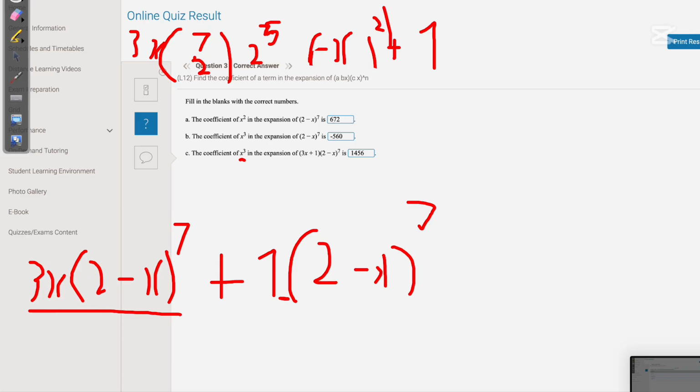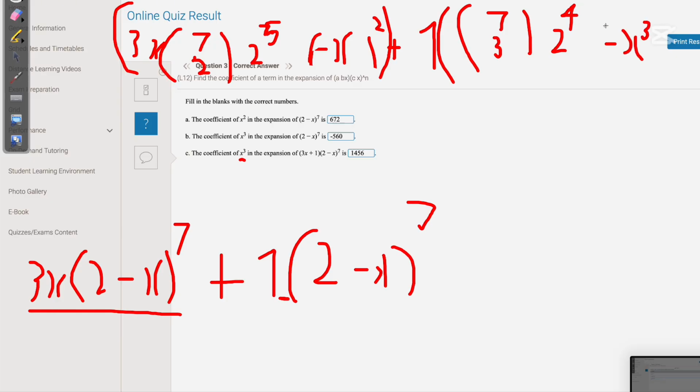So wait, let me put all of this in 1. 1 times 7C3. Okay, let me make a bigger one. Times 2 to the power of 7 minus 3, which is 4, times negative x cubed. Okay, now let's simplify.